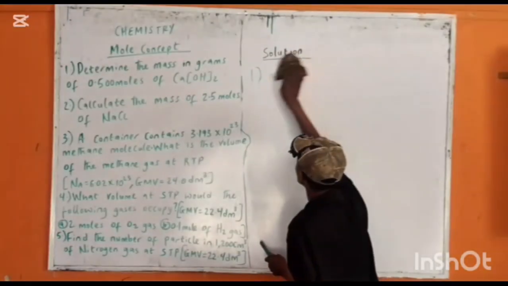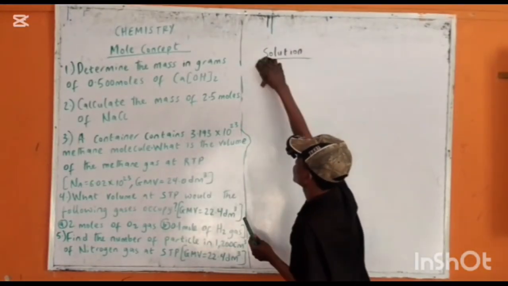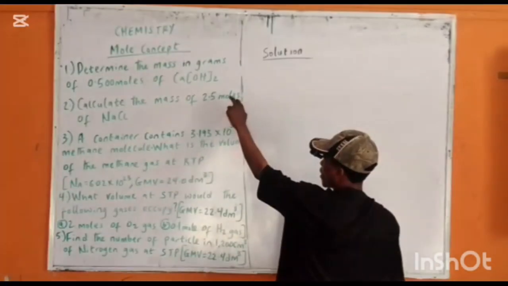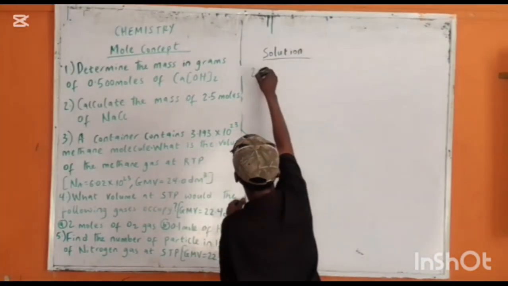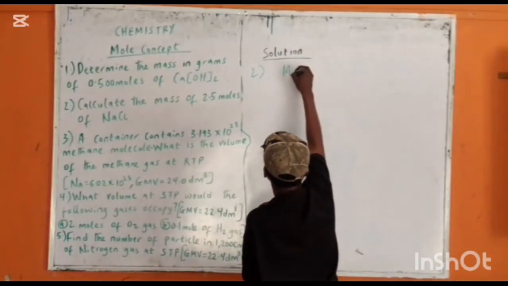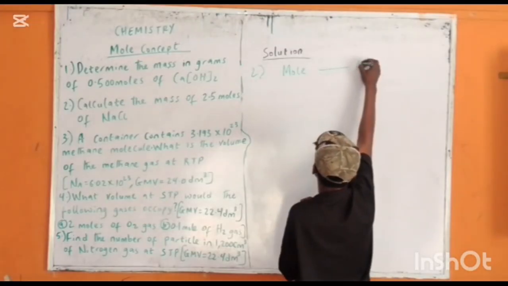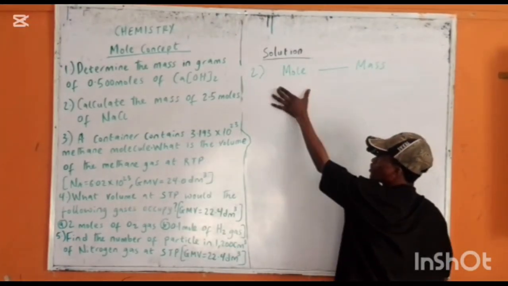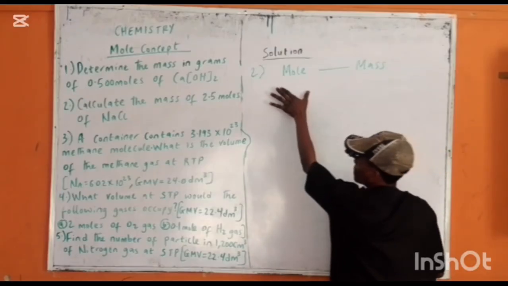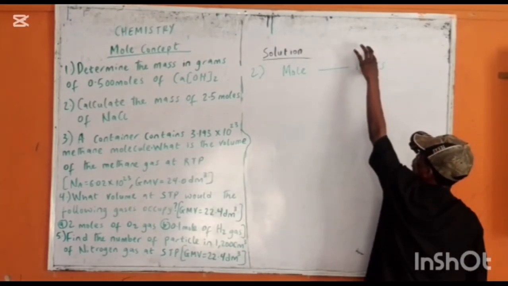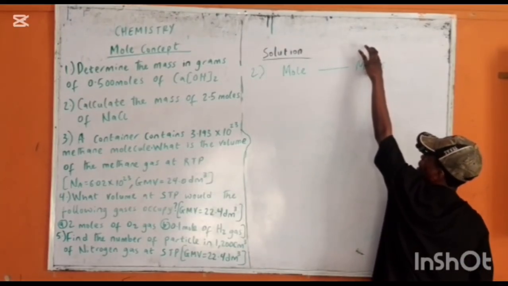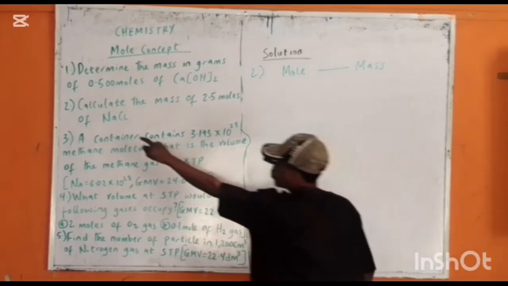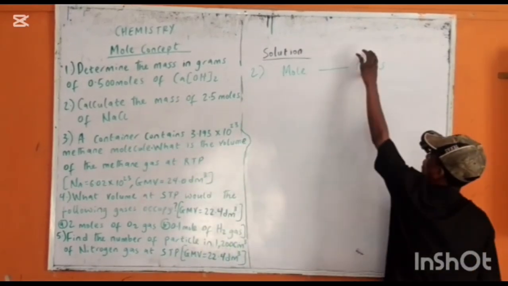For number 2, I'm having mass here, and also I'm having mole here. So number 2, I related mole and mass. My 1 mole, I put it here as just 1 mole. But my 1 mole of sodium chloride, I converted it to what?